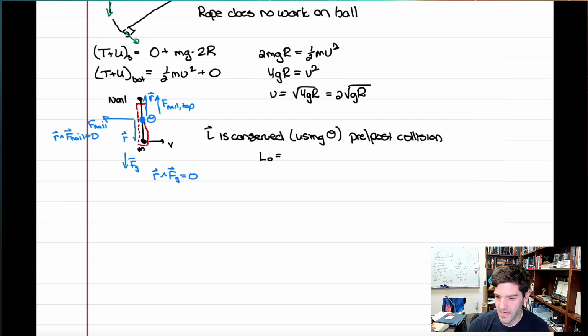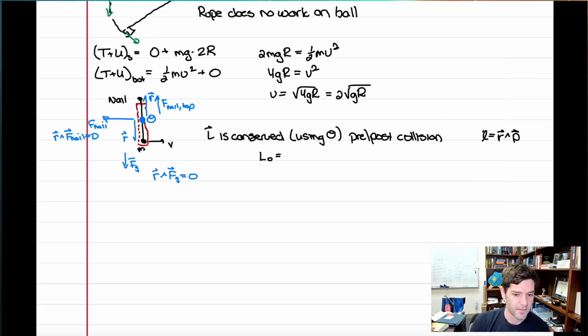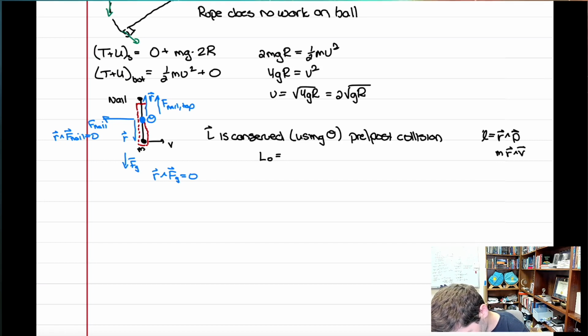Well, I guess we can write down that the angular momentum, which again, angular momentum is just r cross momentum, or m r cross v.